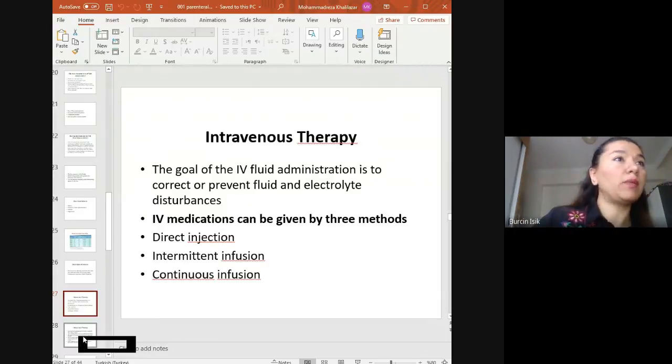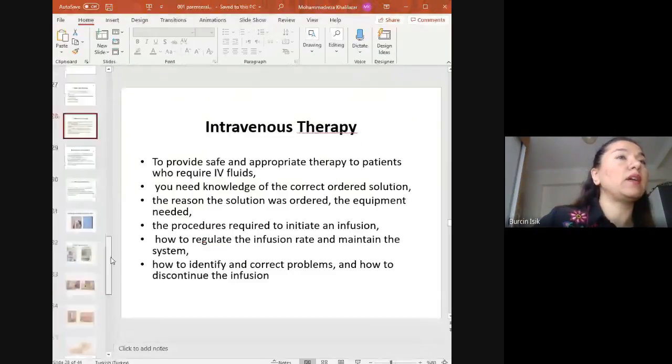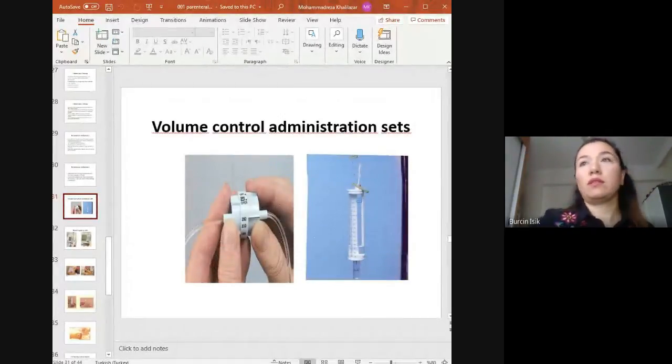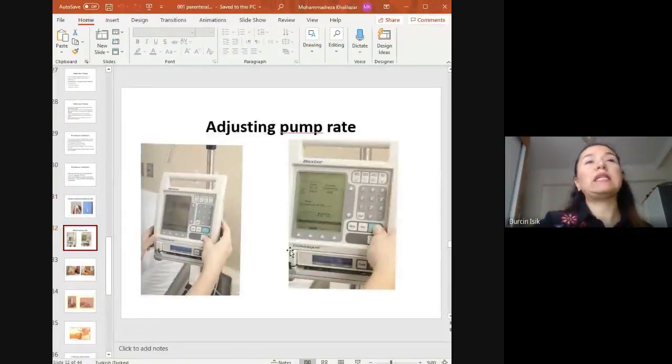So I speak about that, and for example, here I put some pictures. Here, for example, is about the volume control. These are a pump rate, these are for making the rate.